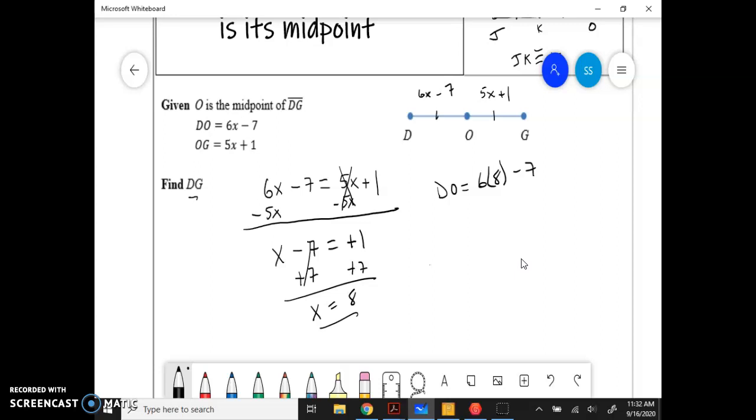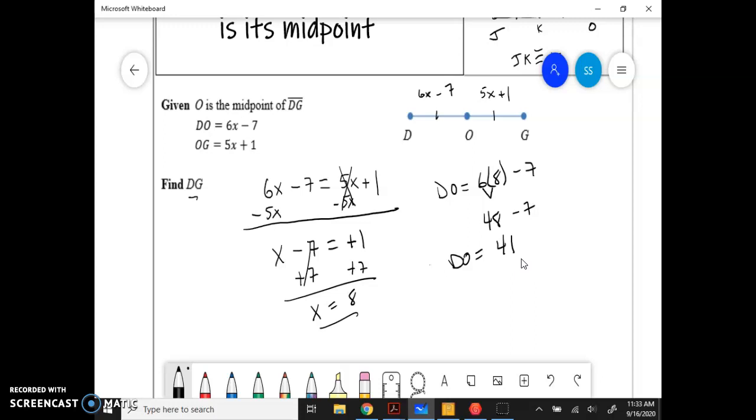All right, so 6 times 8 is 48. Drop down this minus 7, and we get 41. So DO is equal to 41. All right, so now if we know that DO from here to here is 41, then OG also has to be equal to 41.